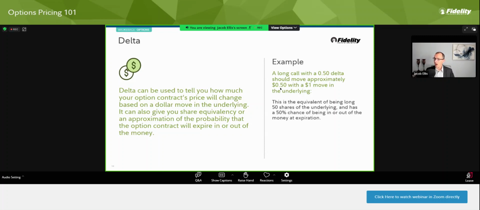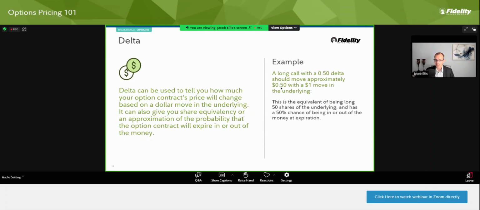So if you have one option, which, remember, tends to represent 100 shares of the underlying stock, that $1 move in the stock translated to a 50-cent increase on our option, and we multiply by 100 to determine how much gain or loss that would cause us.